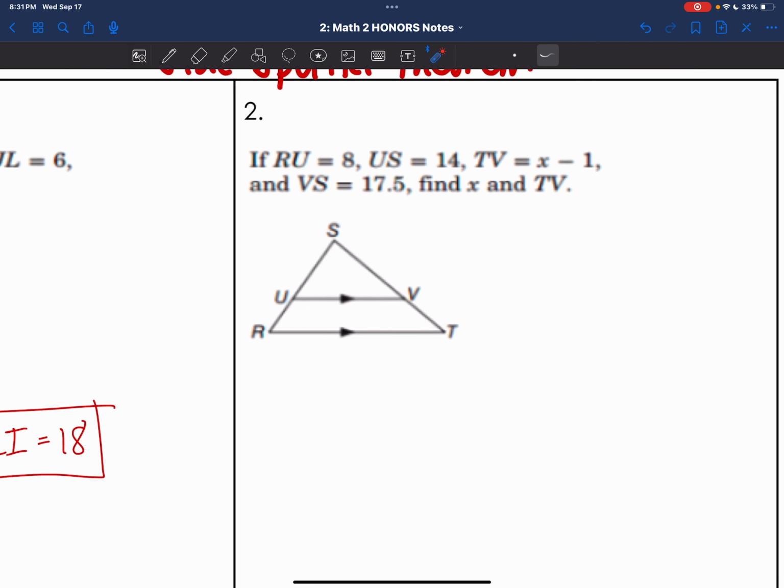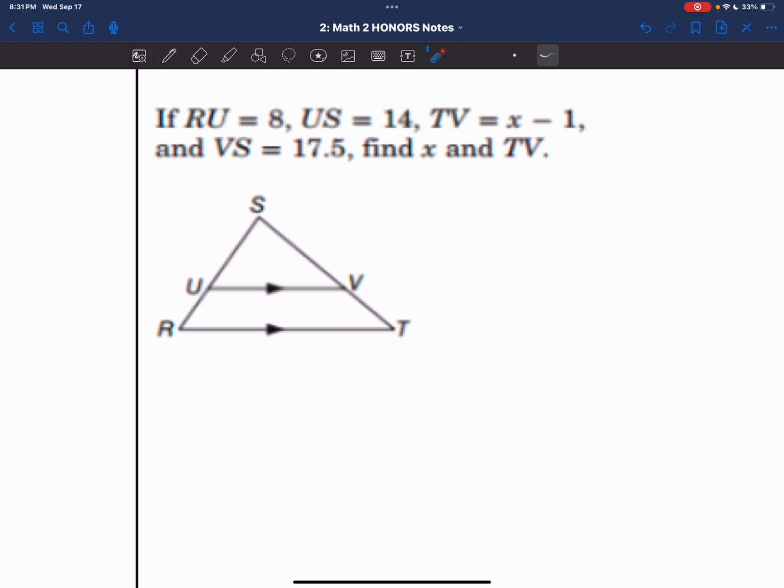All right, so number 2, you're going to go through and label all the parts. Now TV is right here, and that's x minus 1. That's okay, you're still setting up a proportion. VS is 17.5, so you need to find x and TV. So your parallel lines are here, so I know this side and this side you can set up over this side and this side.